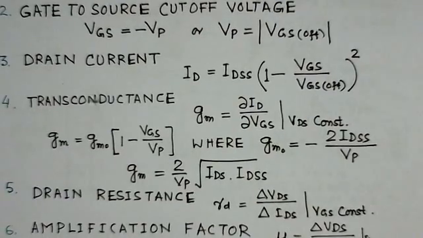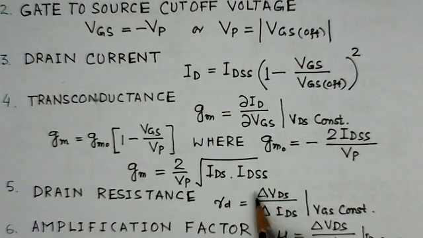Now drain resistance, another parameter, is defined as delta VDS over delta ID, for VGS equals constant. And there is an amplification factor, like it used to happen with the tube.